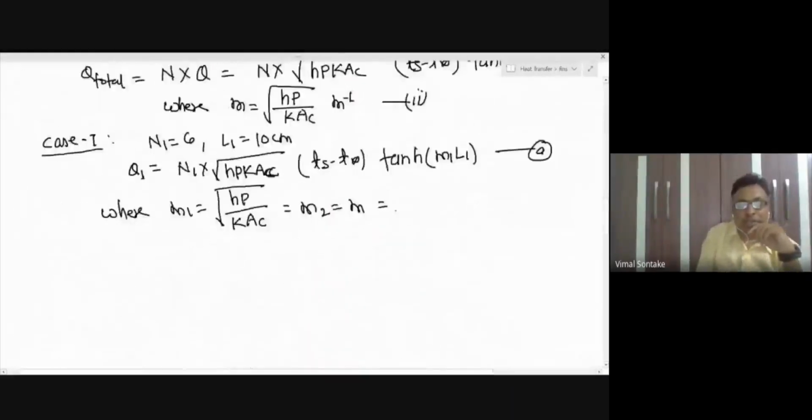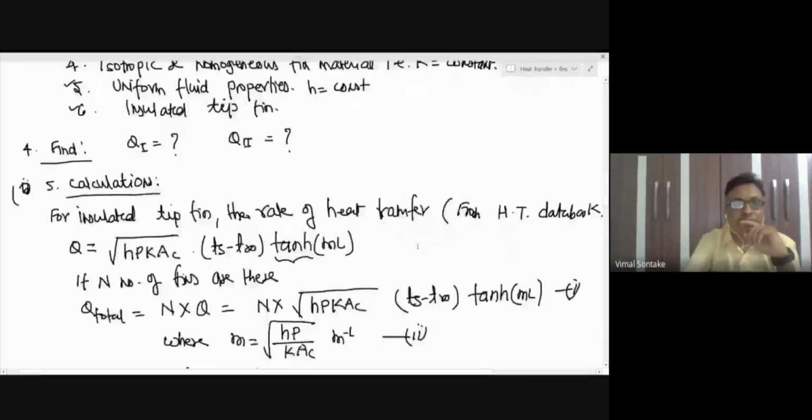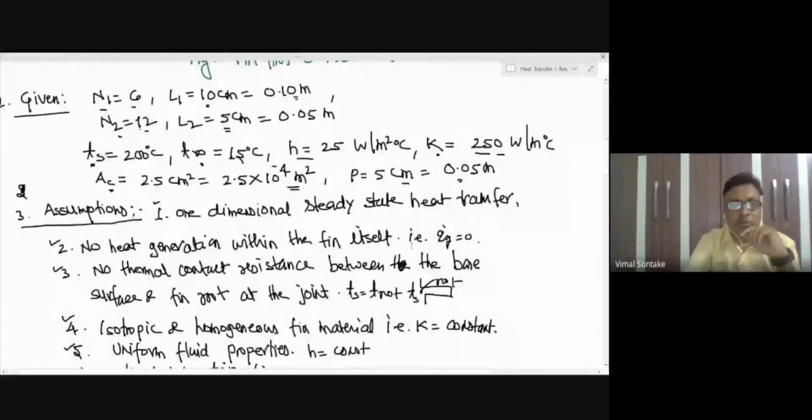So in both the cases, m is square root of 25 into 0.05 over 250 into 2.5 into 10 to the power minus 4. Please check whether I have put correct values or not. h is 25, k is 250, Ac is 2.5 into 10 to the power minus 4, and P is 0.05.